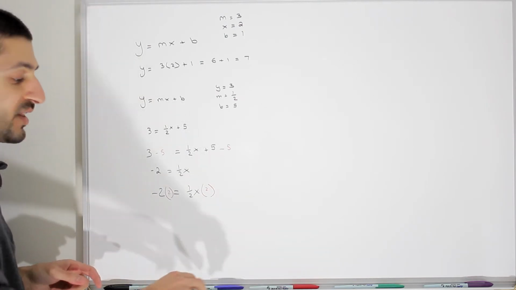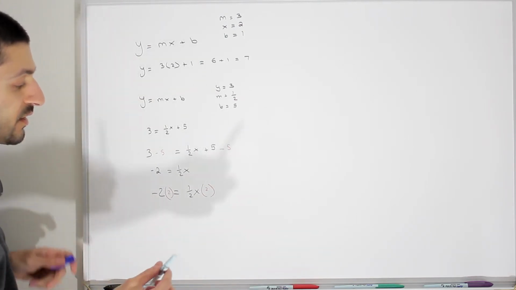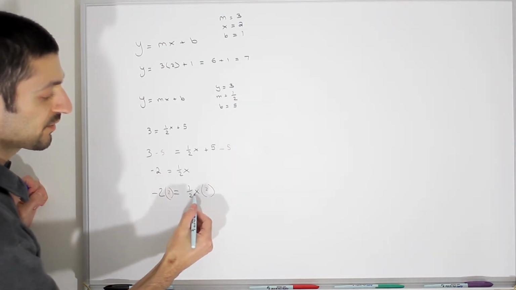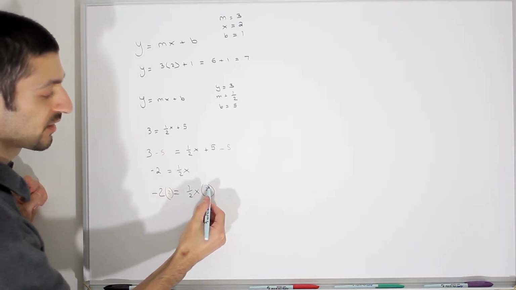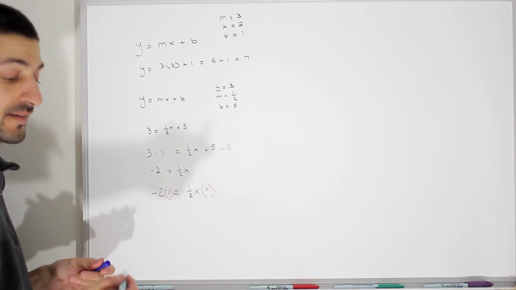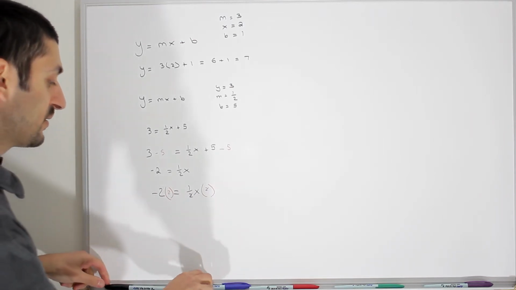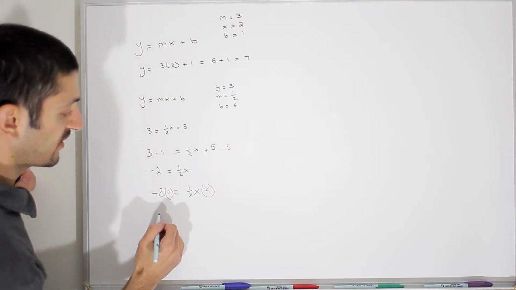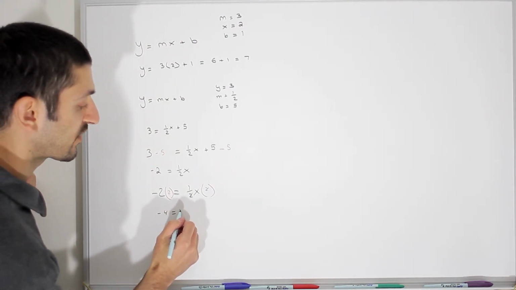By multiplying both sides by 2, we have 2 in the numerator and 2 in the denominator. So these cancel out, so we have 1x, which equals x. So then we get -4 equals x.